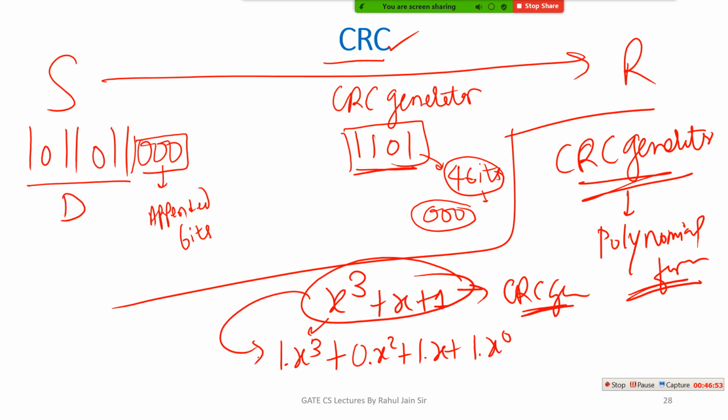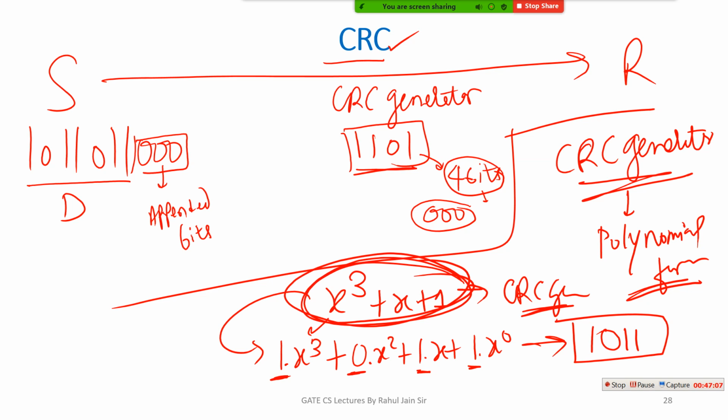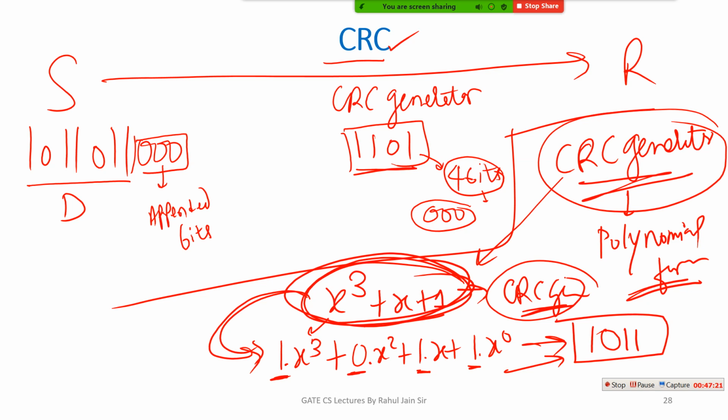With the help of this CRC generator polynomial, we conclude that our CRC generator bits are this. So guys, if in the question they provide the CRC generator to you in polynomial form, you will generate the CRC generator bits with this, and these CRC generators are of 4 bits. So how many zeros will I append? I will append 3 zeros, 4 minus 1, and my CRC bits would always be of 3 bits.